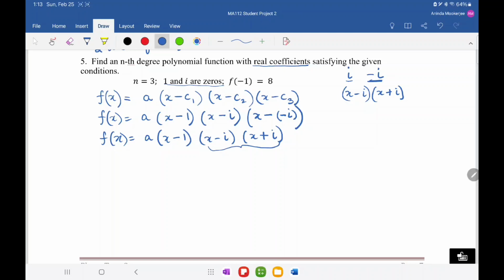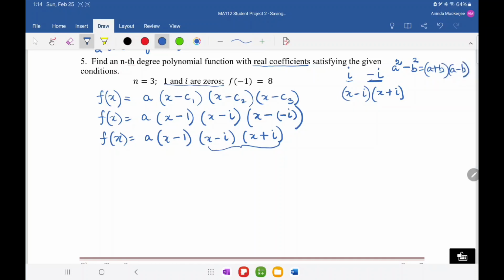So if you recall, let me write it out here: a squared minus b squared is equal to a plus b times a minus b, right?